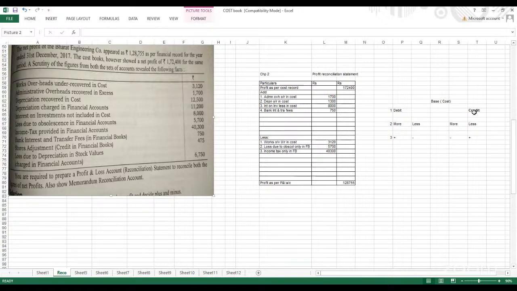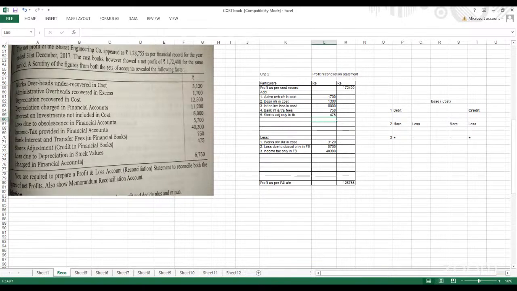So it's a credit item first. Okay, so it's in financial only. So in cost it is less. It's not in cost, so we'll add it. Right? Okay, stores adjustment only in financial books. Okay, how much is the value? 475.